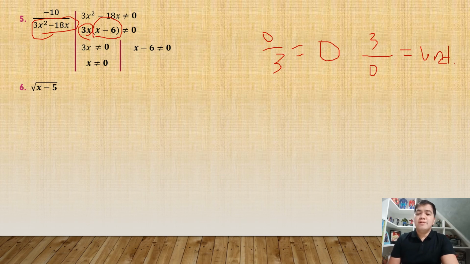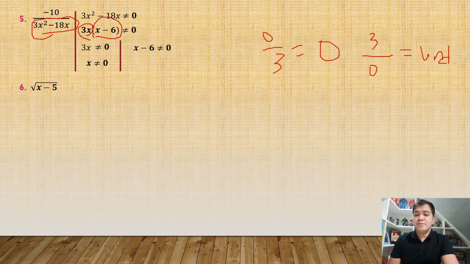Yung number or 0 sa ibabaw, tapos 3 sa ilalim, or kahit na anong number sa ilalim, wag lang 0, so 0 lalabas. Any number, tapos 0 naman sa ilalim, lalagay sa calculator, math error, or cannot divide by 0. So, depende kung anong program doon. Okay? Basta bawal daw na denominator ang 0.